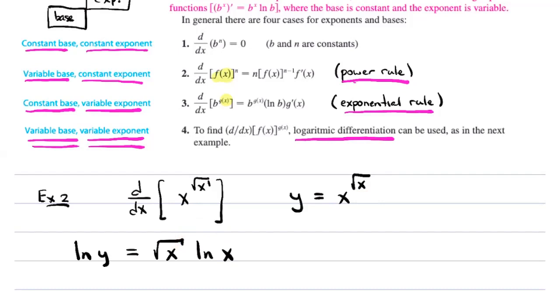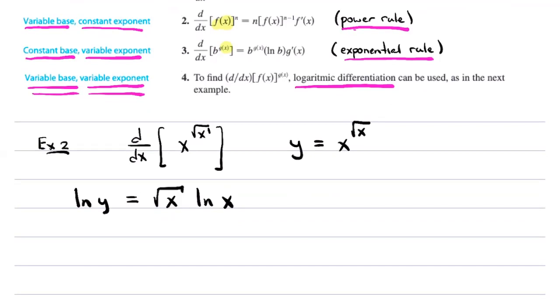So now let's differentiate this thing implicitly. The left-hand side, the derivative of the logarithm is 1 over y times dy/dx. This side we have to do with the product rule. Maybe you want to convert that square root of x, at least mentally, to x to a 1/2 power.